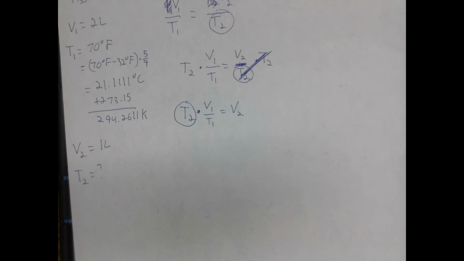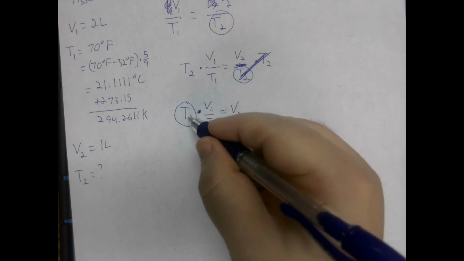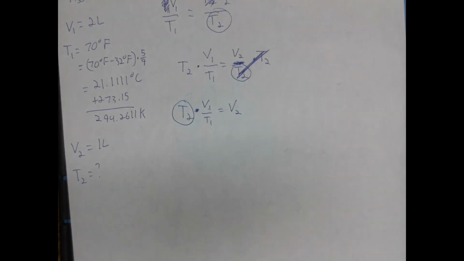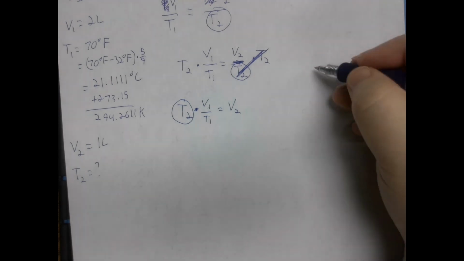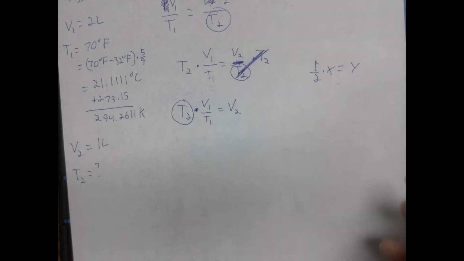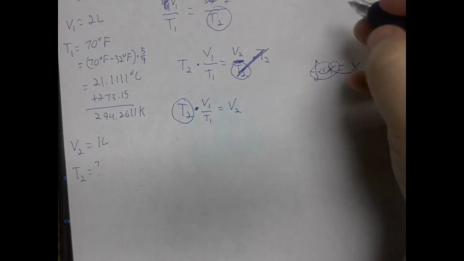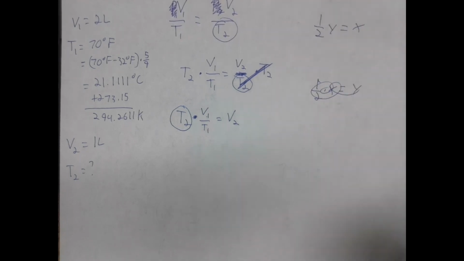There are 2 ways you can look at how to solve this. We have something multiplied by our variable. We can either divide both sides by that something. So let me do this: we have 1/2 times y is equal to x.